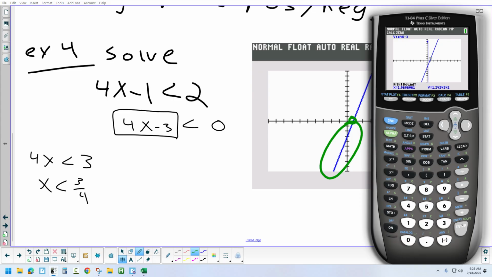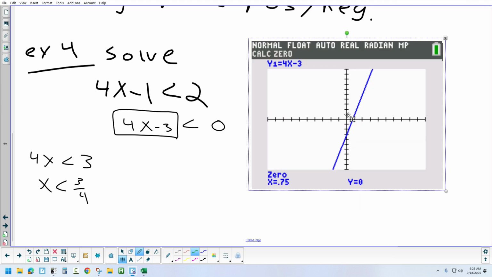Find our 0. And it says that there is a 0 at 0.75. And we want everything that's down here. That means you want all your x's that are less than 0.75, because as you head to the left, the graph is below 0.